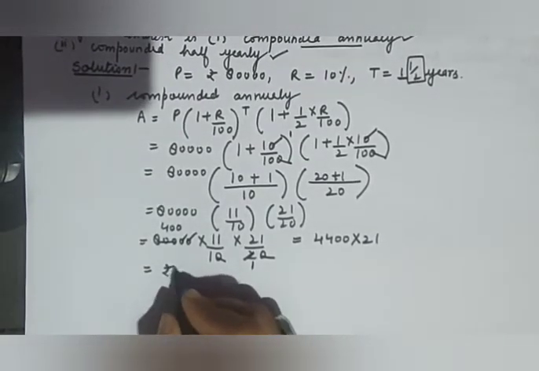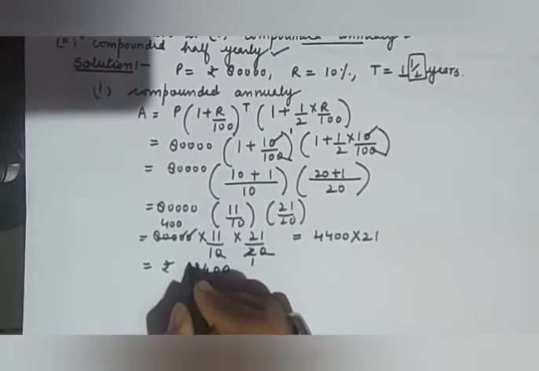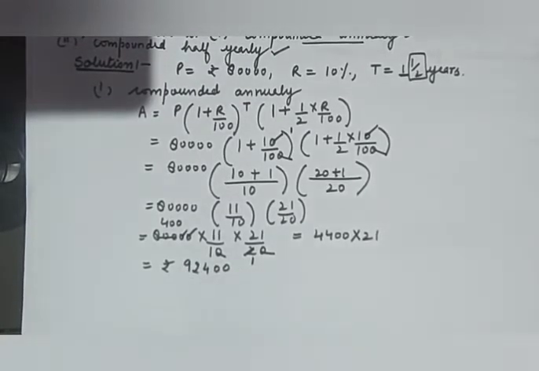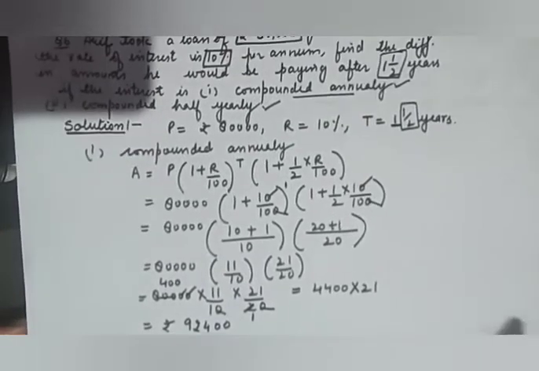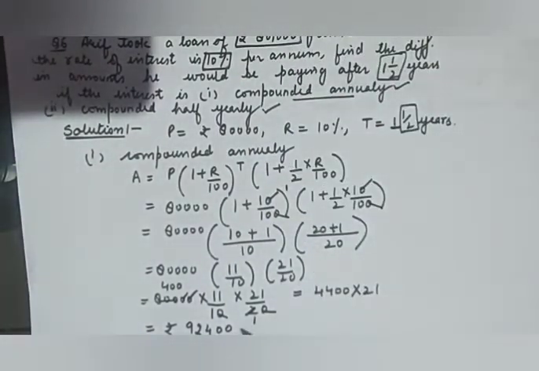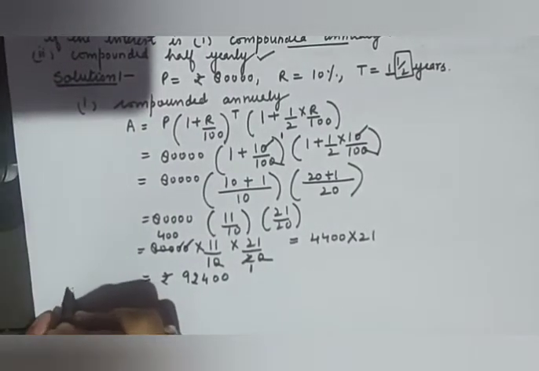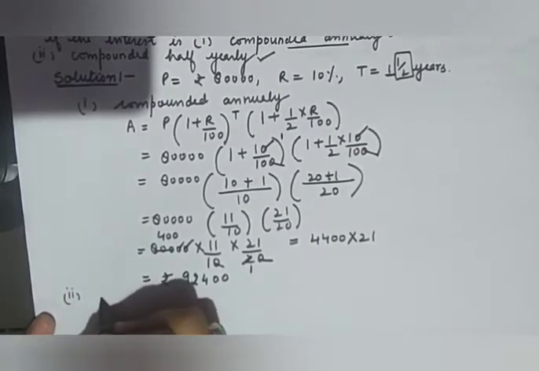It will be rupees 92,400. So if Arif has taken a loan of rupees 80,000, and if the interest is compounded annually, then he has to pay rupees 92,400 as amount here.